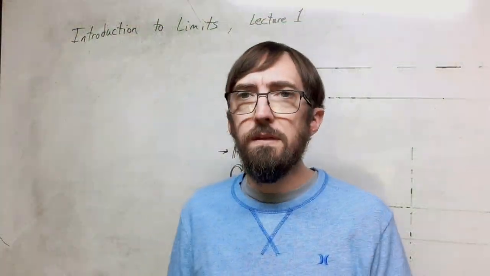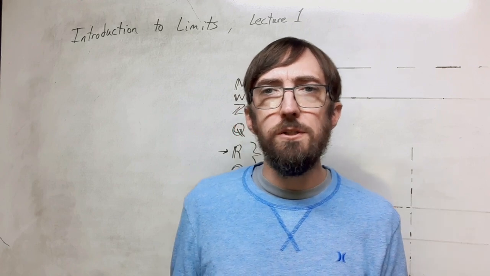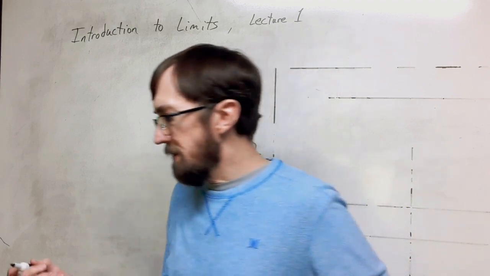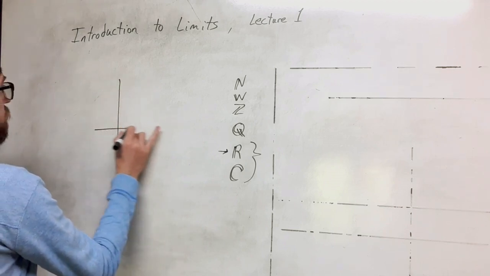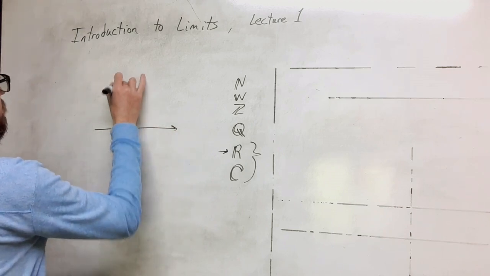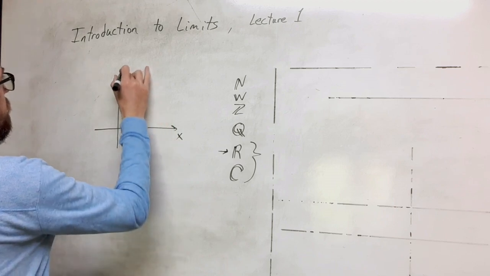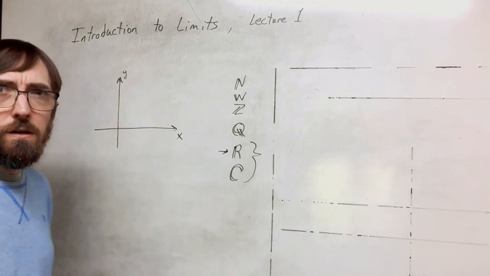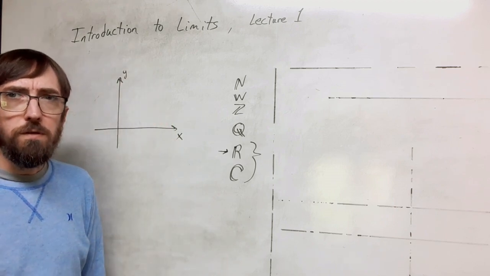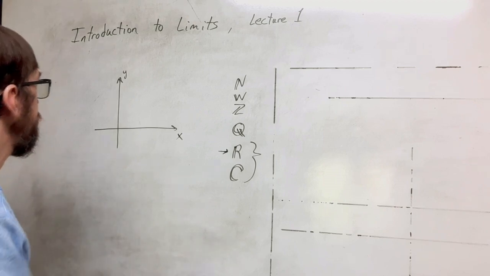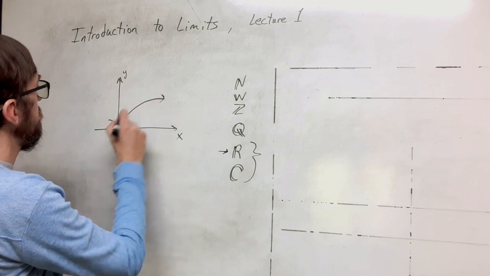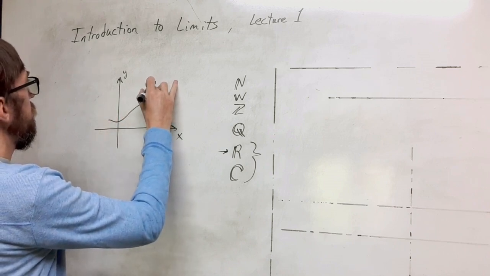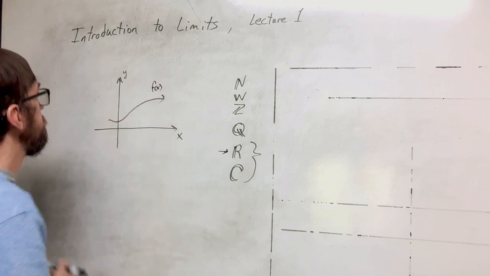All right, so let me give you a bit of a geometrical representation of this. Starting with our x and y axes that we are probably familiar with from Algebra 1 and Algebra 2, if I have some function here, we will call it f of x.